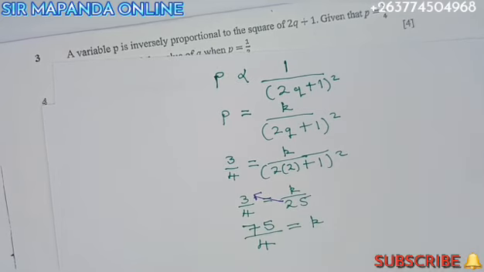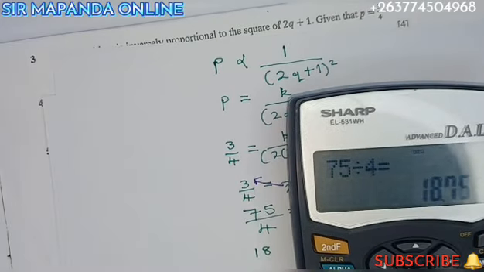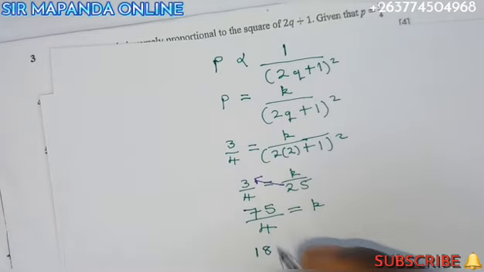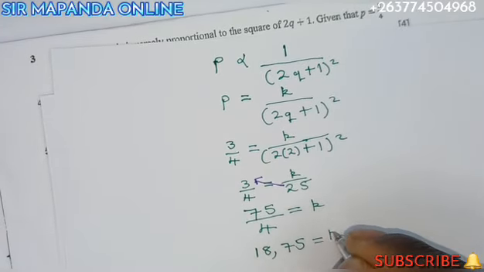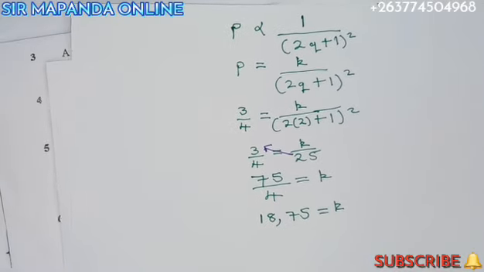is equal to K. So this is the value of K, and we cannot reduce it since there are no common factors of 75 and 4. But if you want, you can express it as a decimal. 75 divided by 4, you get 18,75. So you can say 18,75 is equal to K, right?